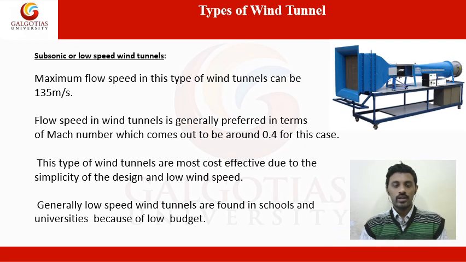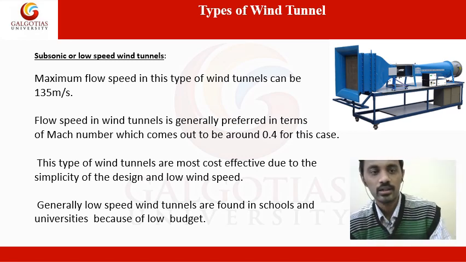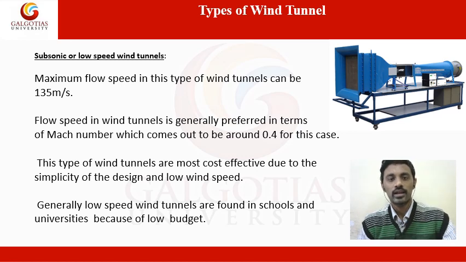So wind tunnels are classified based on shape and also based on the speed. In the first category, this slide will tell you about the subsonic or low speed wind tunnels.